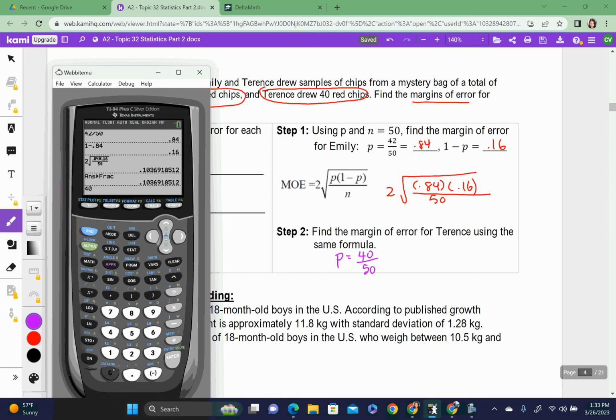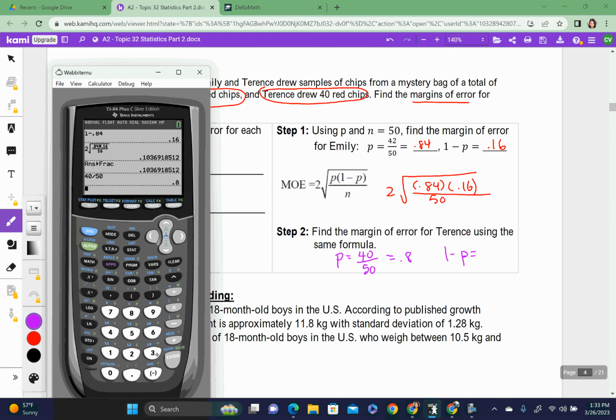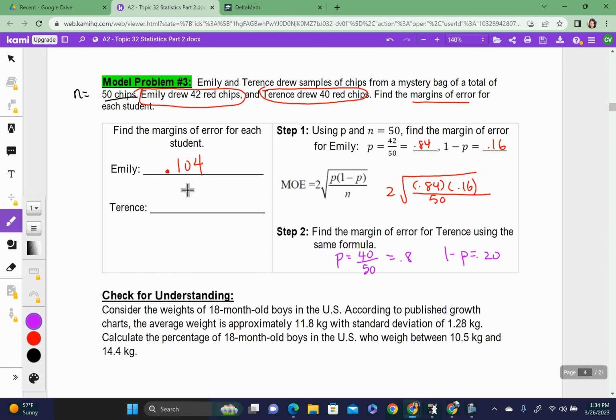It is equal to 0.8. So my P is 0.8. My 1 minus P, I know that's going to be 0.2, right? This is 80%, the rest is 20%, so that's 0.2 or 0.20, whatever you want to put.